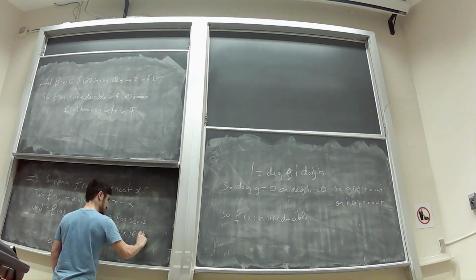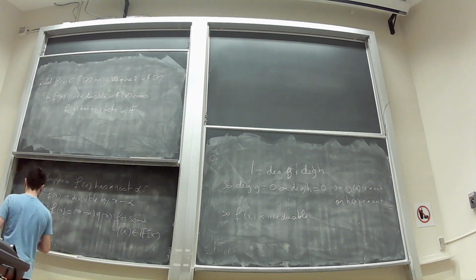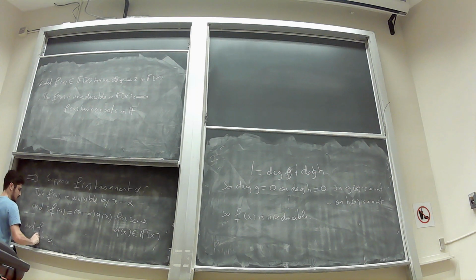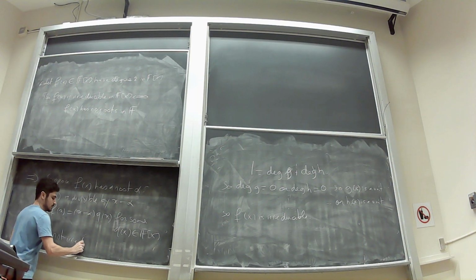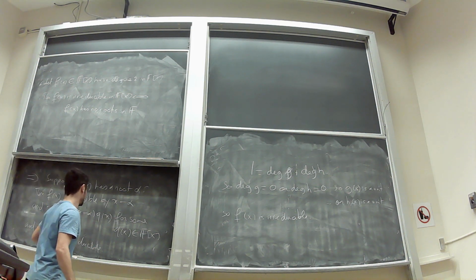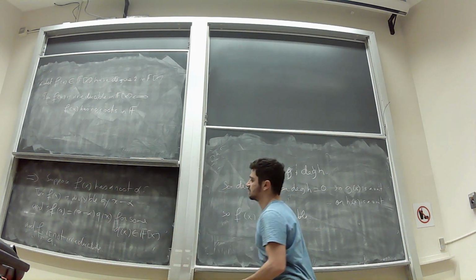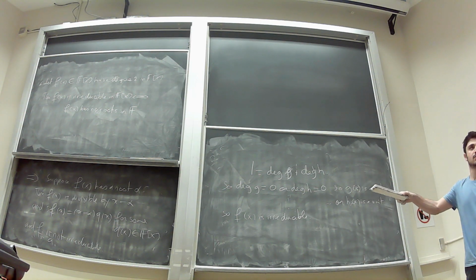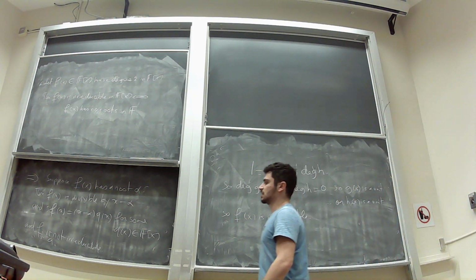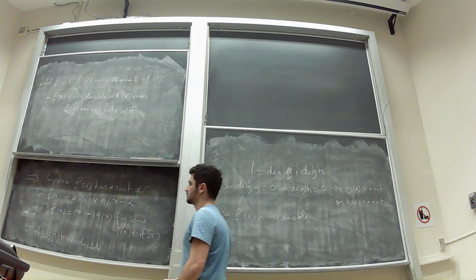And so f is not irreducible, because x minus alpha is not a unit, and q of x is not a unit because its degree should be 1. F has degree 2, x minus alpha has degree 1, so q must have degree 1 in that case.